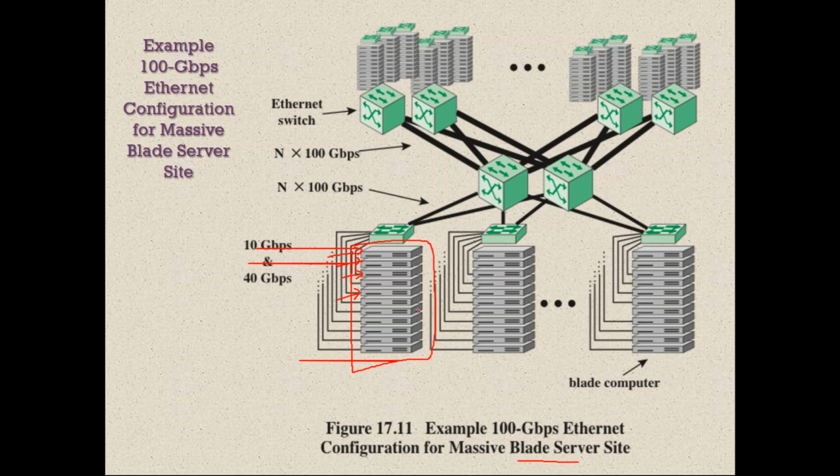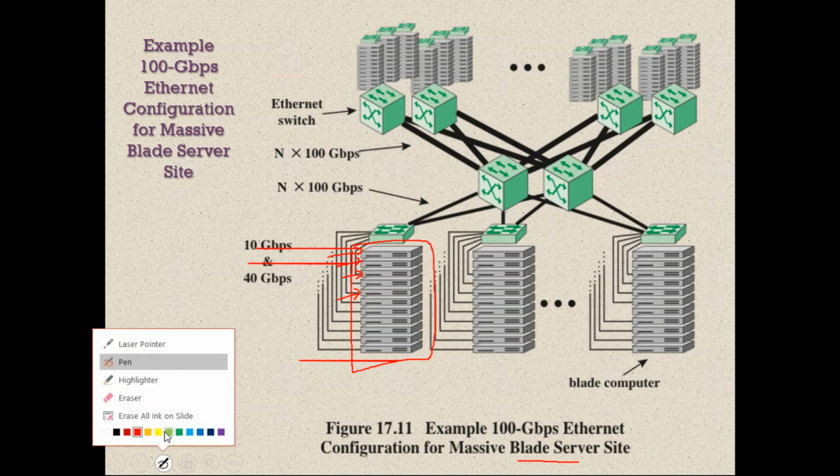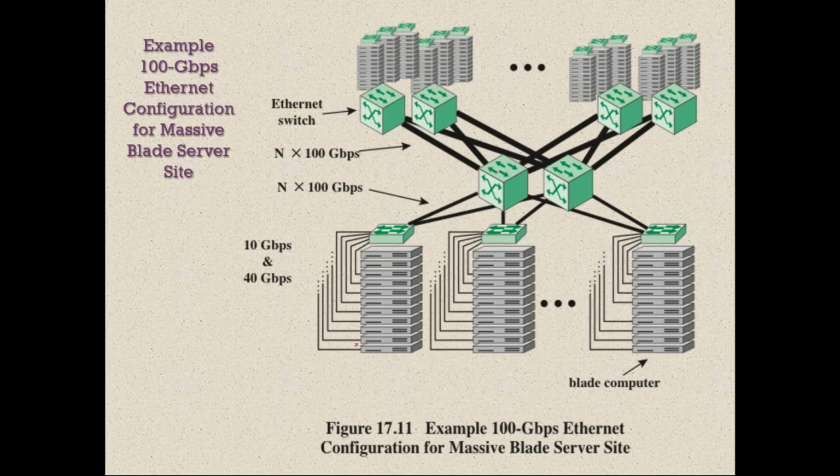Here you can see there are several such racks, and in each rack there are several computers. These are called blade servers, and they are all connected through the network, through switches and other things.